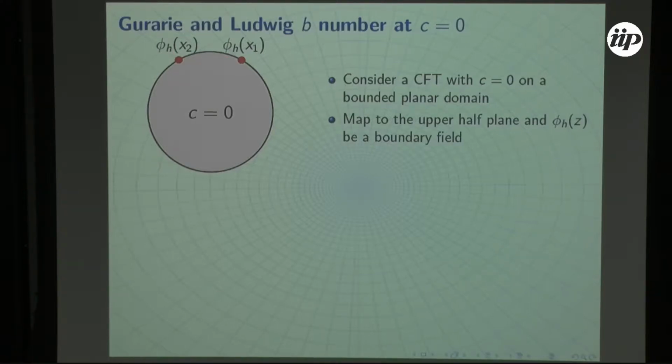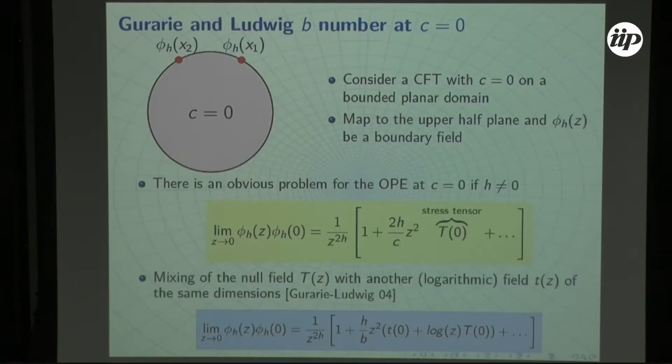Normally, since you are in a conformal field theory, you would expect to find power law behavior of this correlation function with a critical exponent, which is the scaling dimension of this field. But this turns out not to be the case because of the peculiarity of c equals 0.